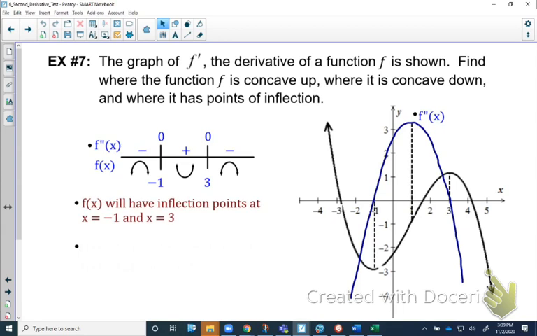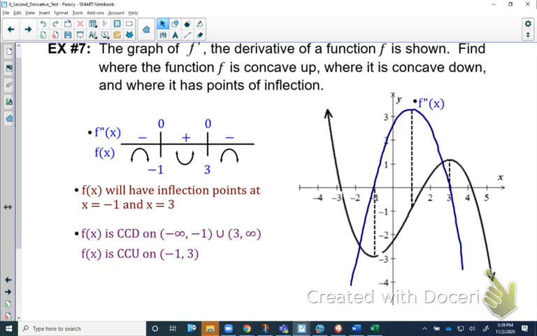So looking at what I have, because the roots of the second derivative are at -1 and at +3, that should match where I would have inflection points on the primary function. And these are the intervals that we would be looking at for our conclusion based on what we know about the second derivative.